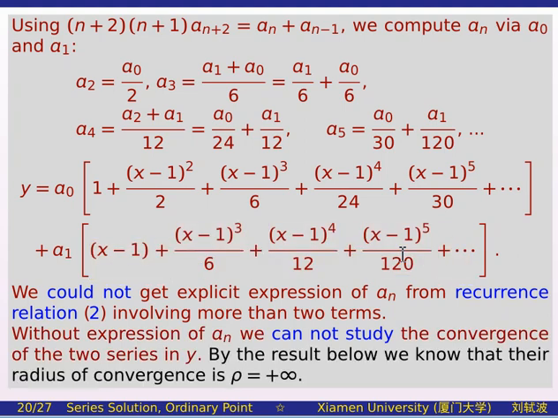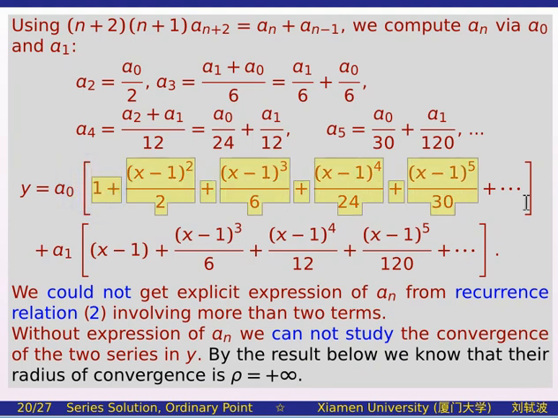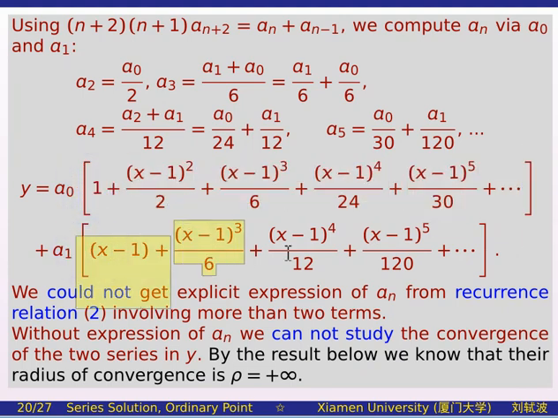But using the result we will describe later, we can see that the radius of convergence of both y1 and y2 is infinity. That is, the series expressions for y1 and y2 converge at every x, every real number x. Okay.